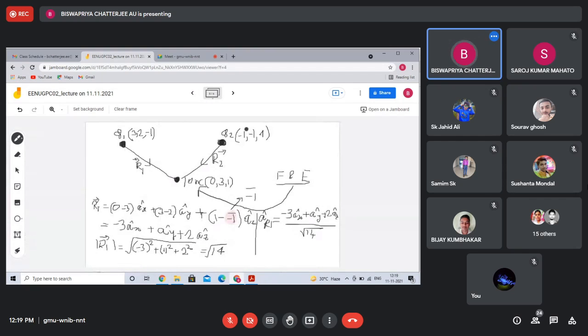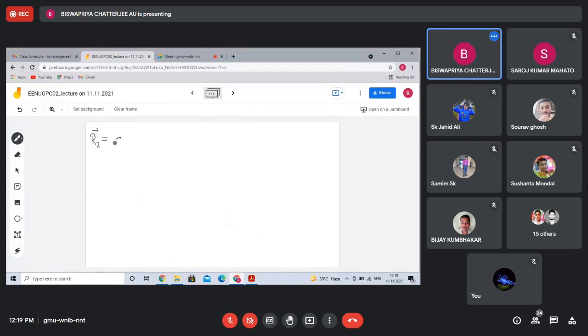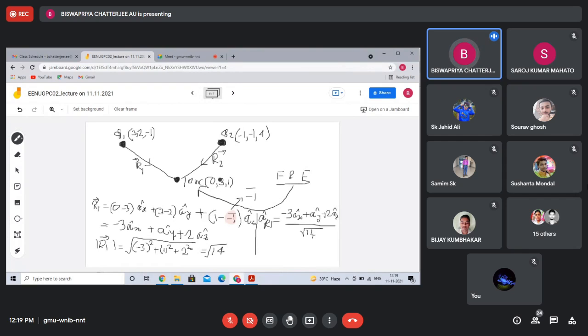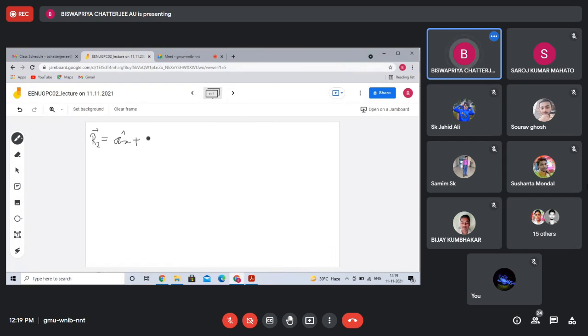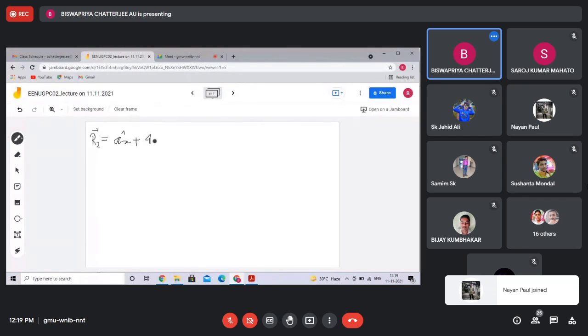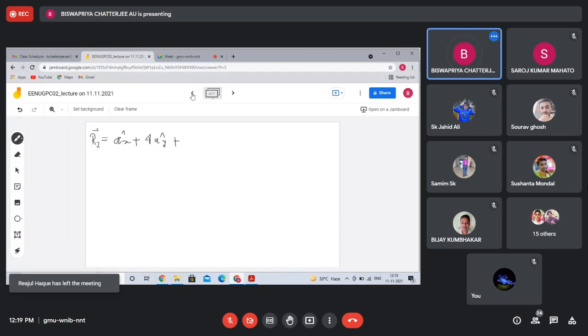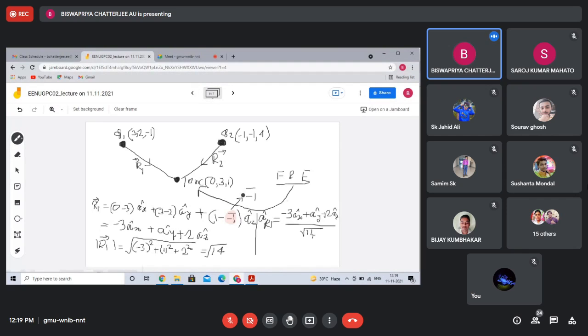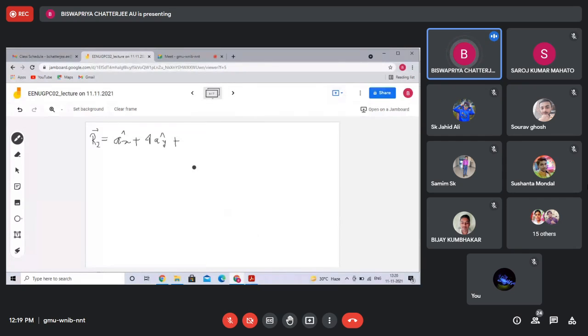So it will be AX cap plus 3 minus minus 1, so 4AY cap, plus 1 minus 4, so it will be minus 3AZ cap.